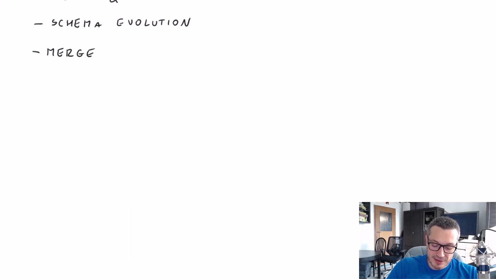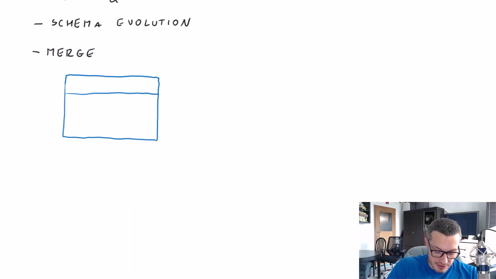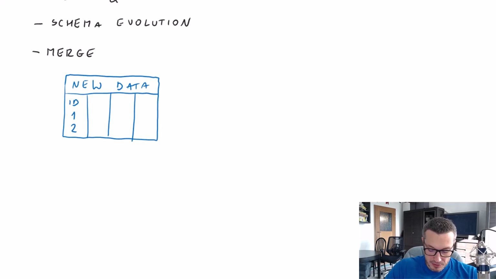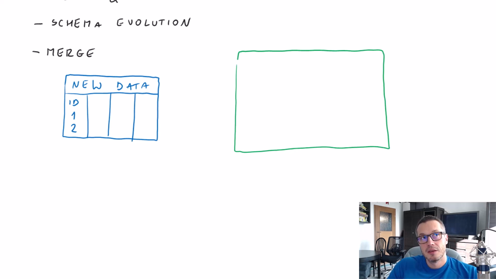So basically, let's assume that we've got some new data. This is a table with some new data that we ingested that has like 4 columns, like ID with values 1, 2, and so on. And let's say that we also have a table that we already maintain in our solution.